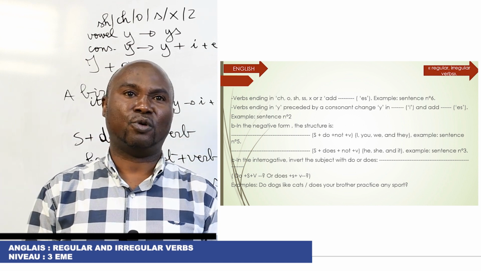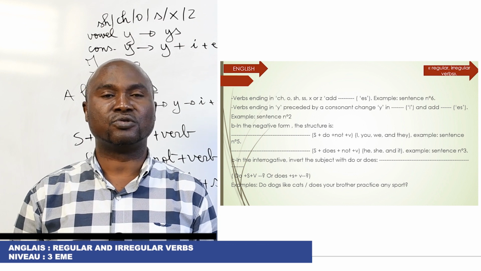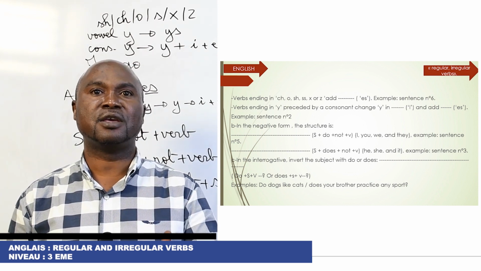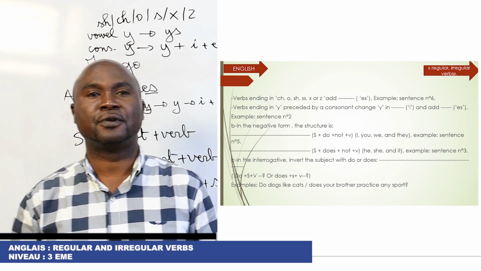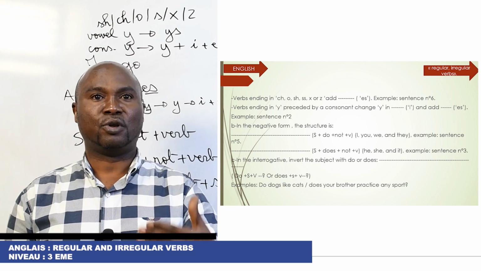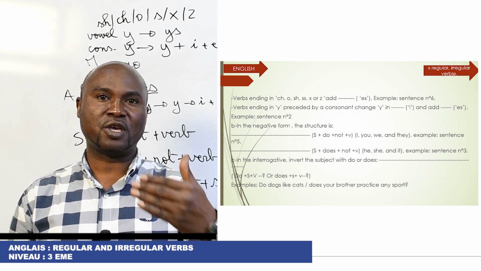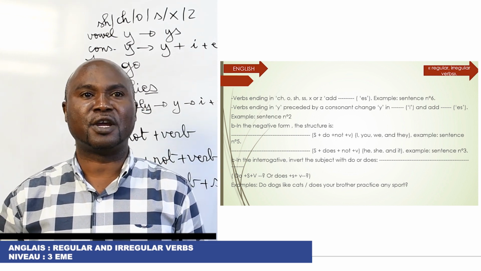In the negative form, the structure is subject plus do plus not plus the verb for I, we, you, and they. Example: sentence number 5. Or subject plus does plus not plus verb for he, she, and it. Example: sentence number 3.